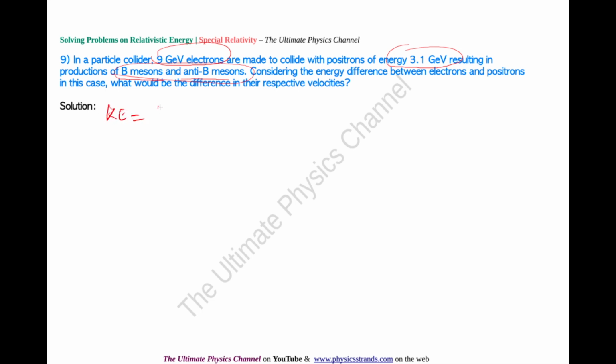The kinetic energy is gamma m_e c squared minus m_e c squared. m_e is the mass of the electron. That is given as 9 into 10 power 9 eV, GeV, right? So let me write this as 9 into 10 power 9 eV is equal to gamma minus 1 times m_e c squared.